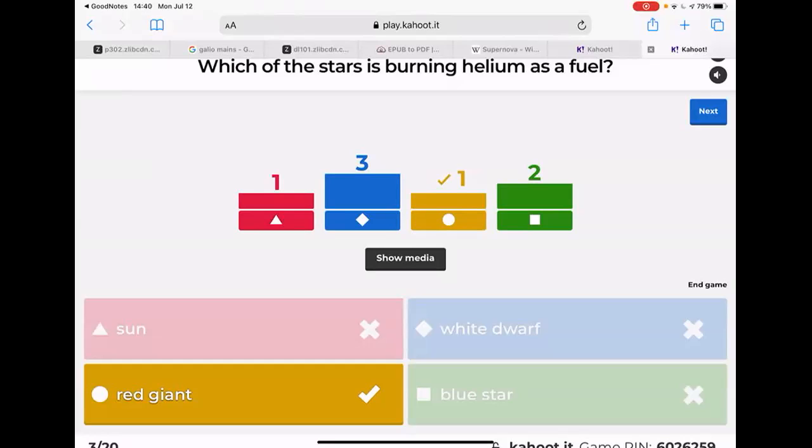Remember, the sun is burning hydrogen and depositing helium in its core. All right, red giant, that's correct. It's burning helium as its main source of fuel.